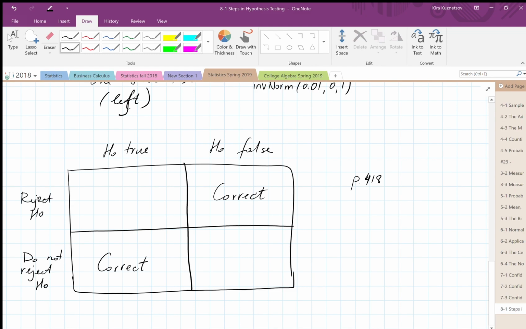When the null hypothesis is true, but you reject it, this is called type 1 error. So this is my type 1. If the null hypothesis is false, but you do not reject it, you are committing a type 2 error.